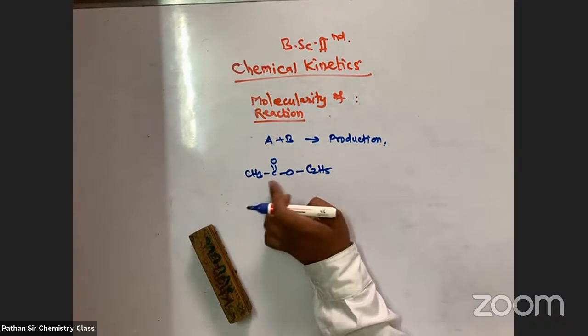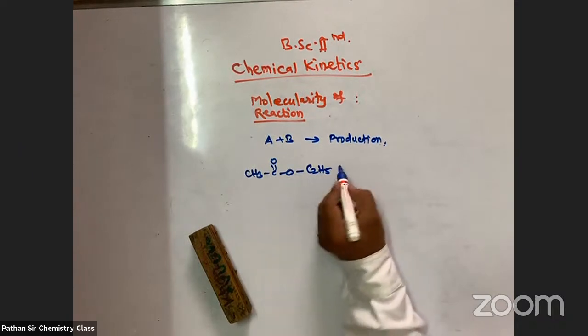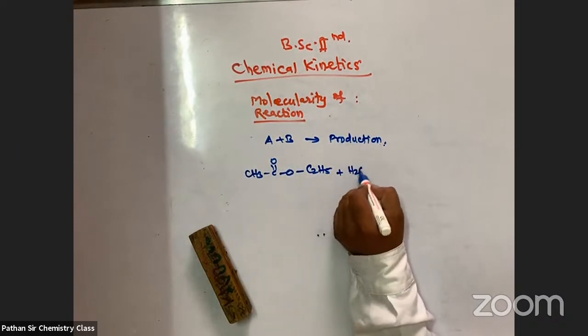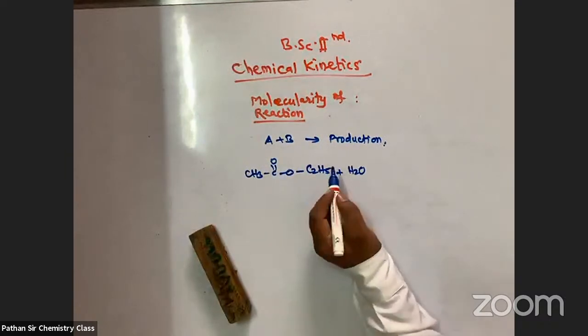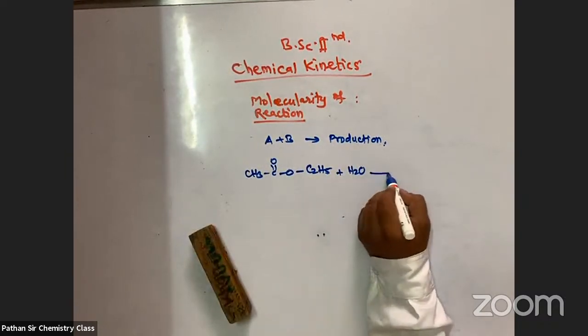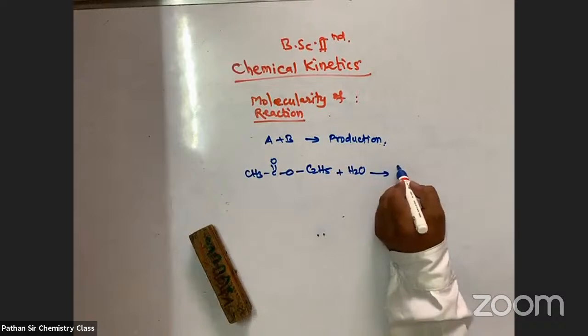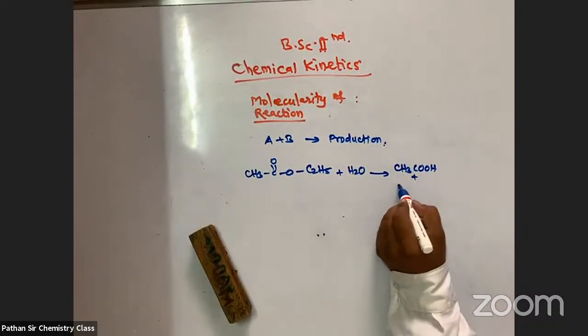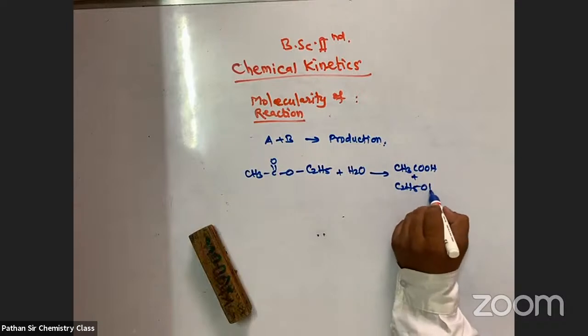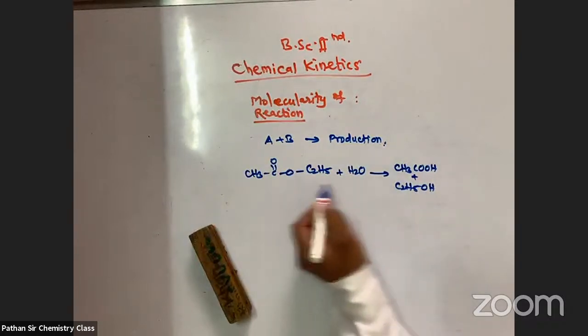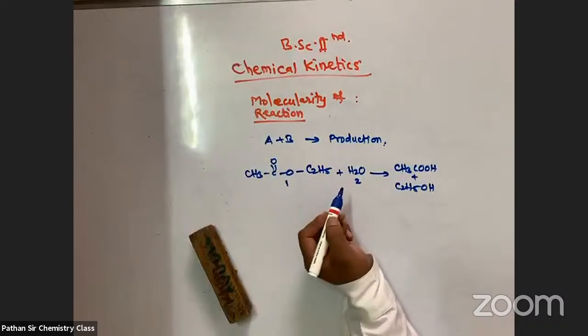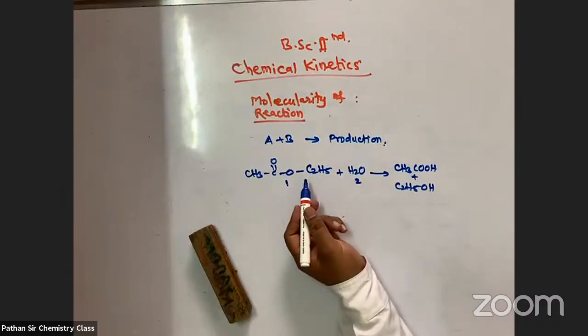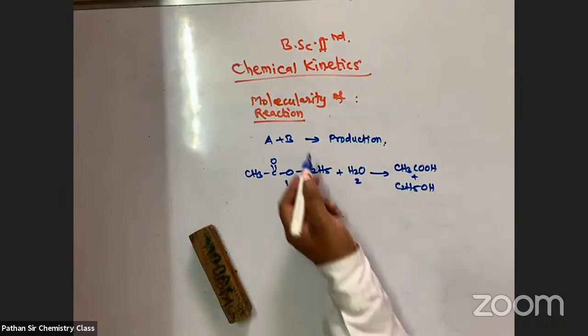So this is ethyl acetate. Hydrolysis of ethyl acetate in presence of acid or base gives CH3COOH plus C2H5OH, that is ethanol. So here 2 molecules are used. The reaction is bimolecular in nature. So the molecularity of the reaction is 2.